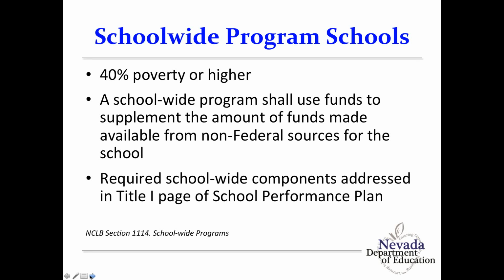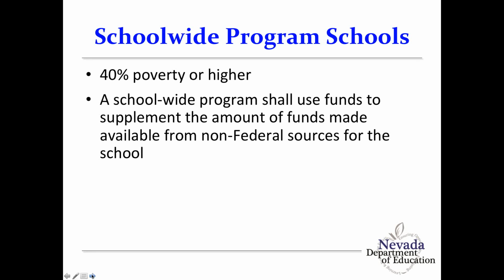Now, this is the part where we have never had an issue across the state with serving school-wide or targeted. It's much easier to be school-wide, to be a Title I school. To be a school-wide school, you have to have 40% poverty or higher. A school-wide program shall use funds to supplement the amount of funds made available from non-federal sources for the school.